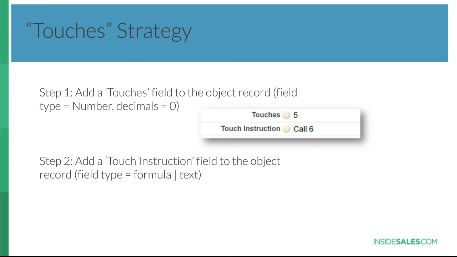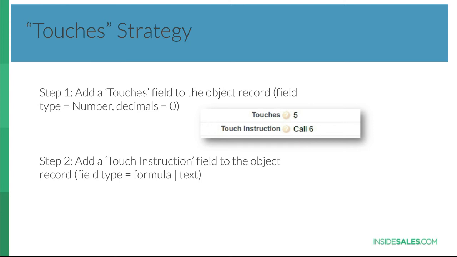Step number 3 is you'll have to create a Process Builder. For the 50% or more of people that are listening that are administrators, hopefully you're familiar with Process Builder. They are our friends. They're really wonderful. What you can do then is look for any time the dials field is incremented.